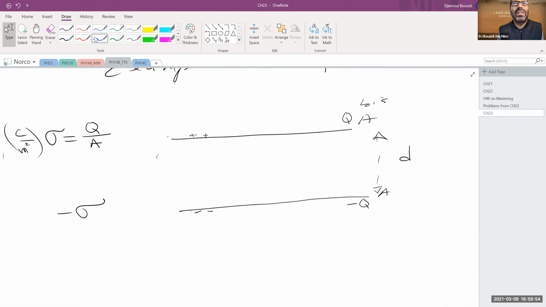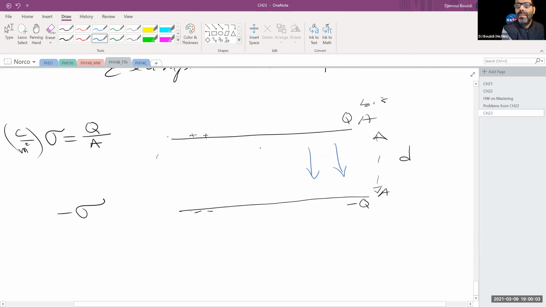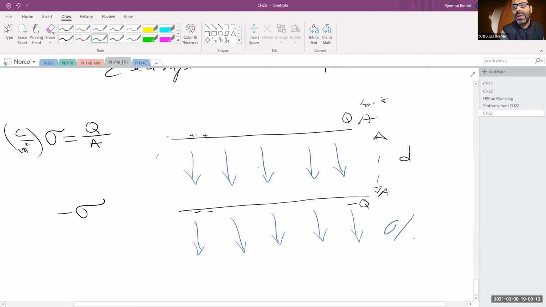So I know how much electric field the positive plate will produce. It's going to produce an electric field that is sigma over epsilon naught, pointing away from it because it's positive. Everywhere in here, and it's pointing away from it, still here too, the same value.